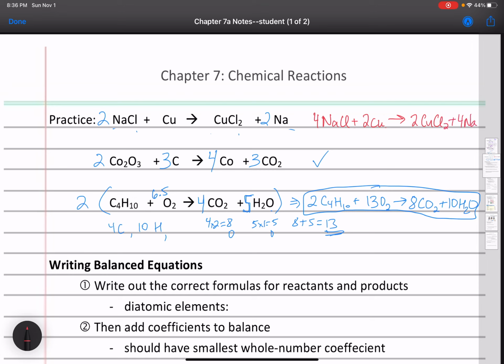All right, this would not be correct because this is not the simplified version. So it's kind of like empirical formulas. So we want it to be simplified. So what we could do is divide all of those coefficients by 2 to get simpler coefficients, and get the right equation.